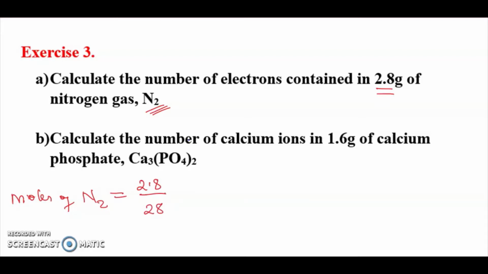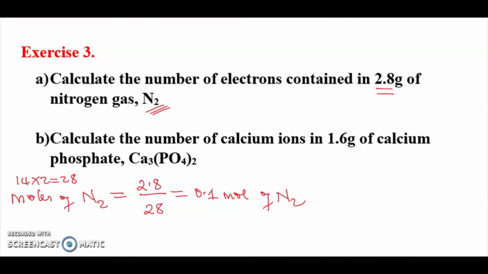One atom of nitrogen has a mass of 14. So 14 times 2, we have 2 atoms. 14 times 2 is what gives us 28. So here we have 0.1 mole of N2.